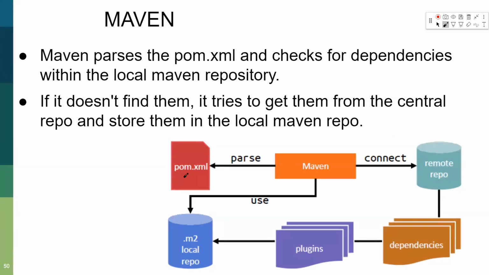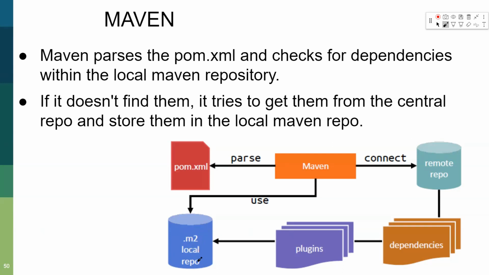If a dependency is available in our local repository, which by default is under the username, in the .m2 folder, then it will use those dependencies in building the project. Otherwise, it is going to connect to a remote repository and get the dependencies and the plugins to our local repository, and also use them to build the project.